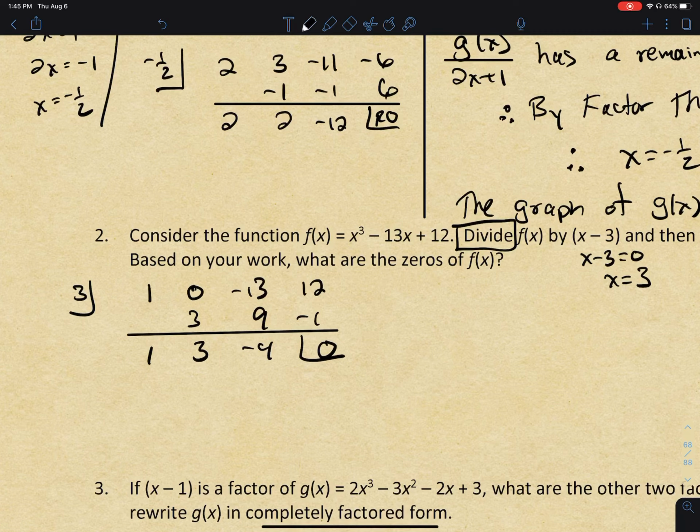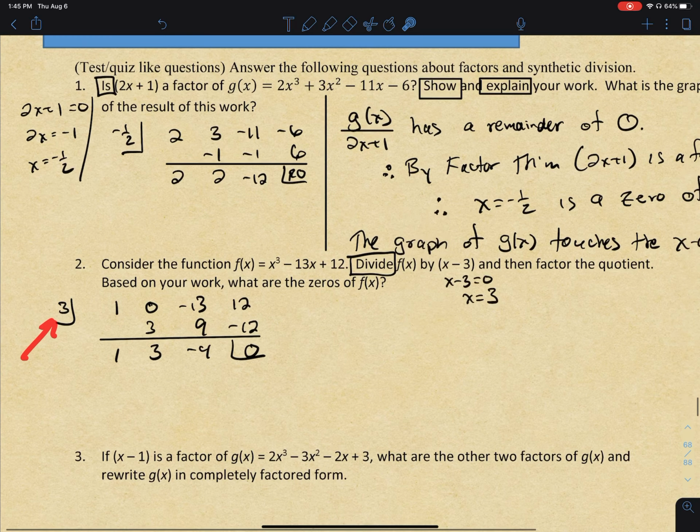So here's what this tells me. 3 is a 0 of this function. X minus 3 is a factor of this function. Okay, then it says factor the quotient. This is the quotient. Well, it's the coefficients of the quotient.